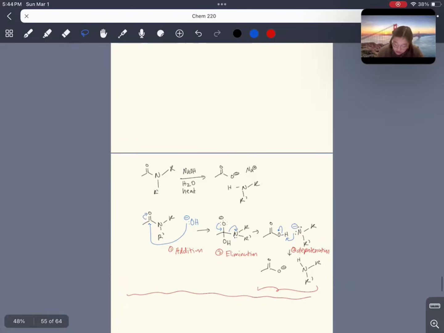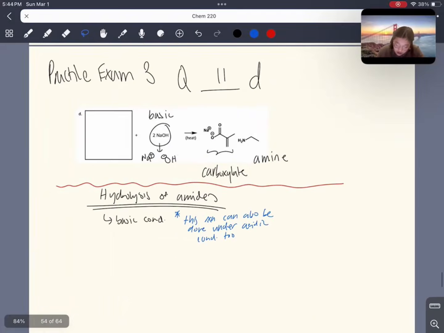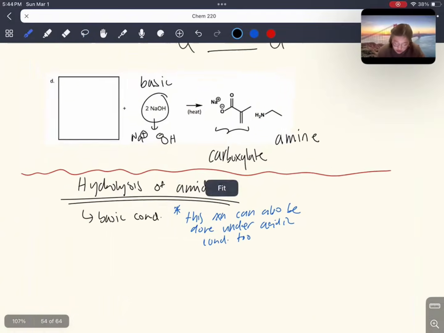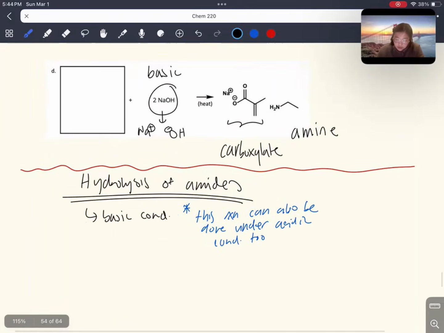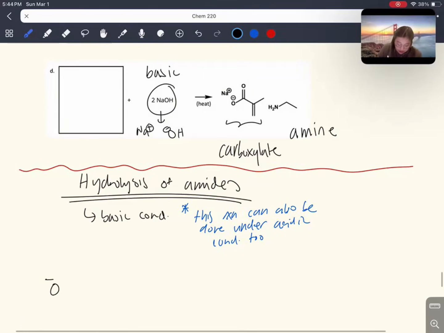Okay, so of course, something you can do is you can just make up a starting product and trial and error from that starting product to get to the final product by moving the reaction forward. But I think that it is good practice to try and learn how to work reactions backwards. And so let's start from our product, so our carboxylate ion and our amine.